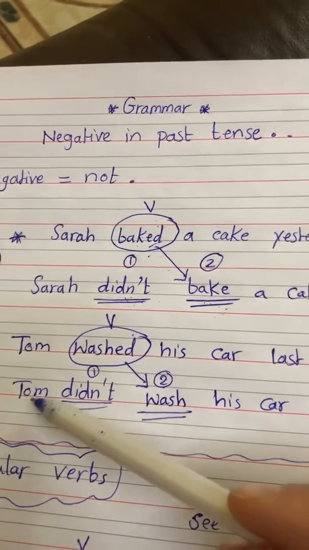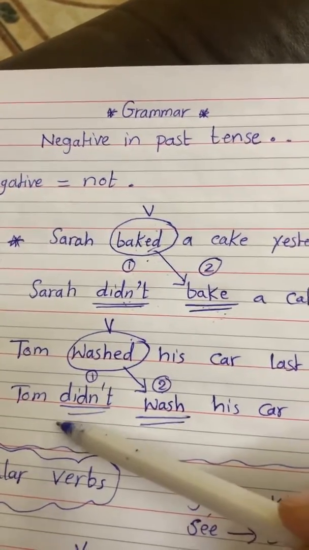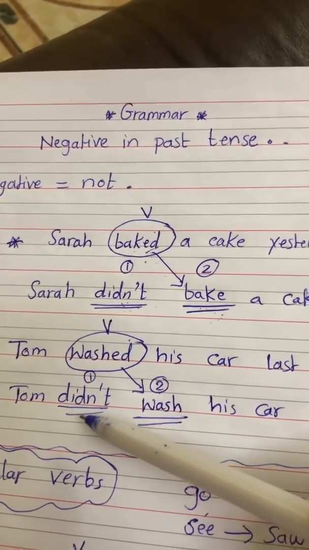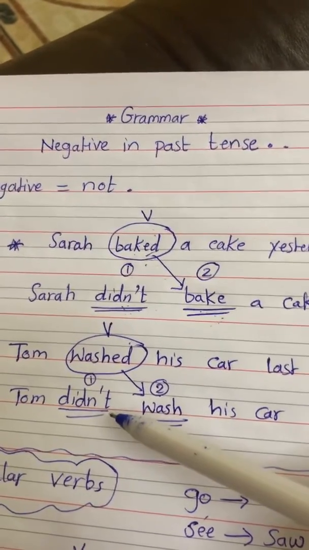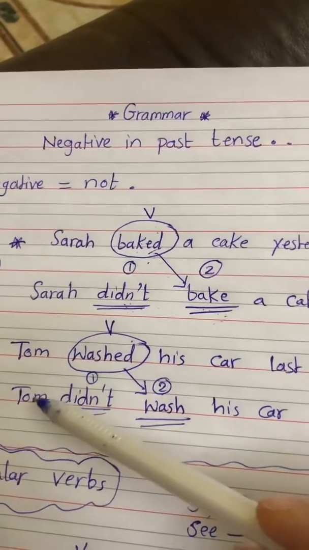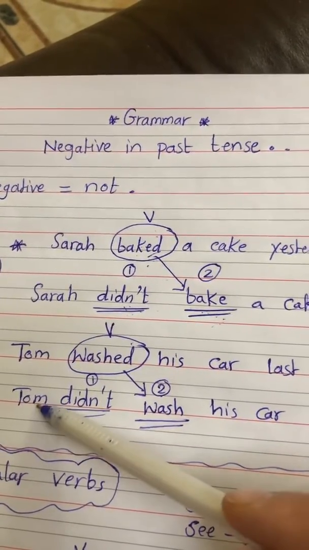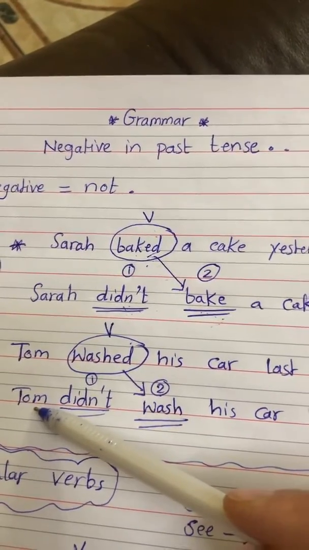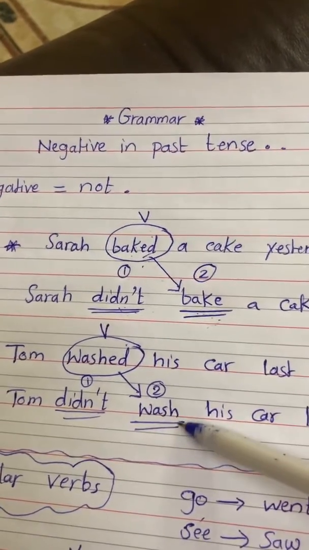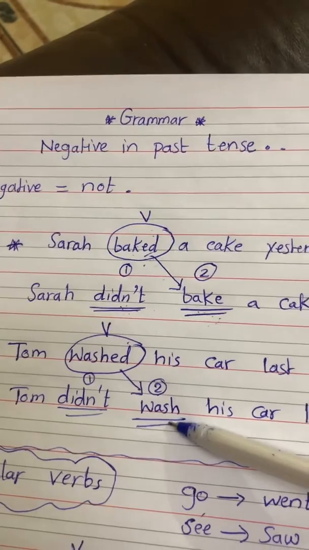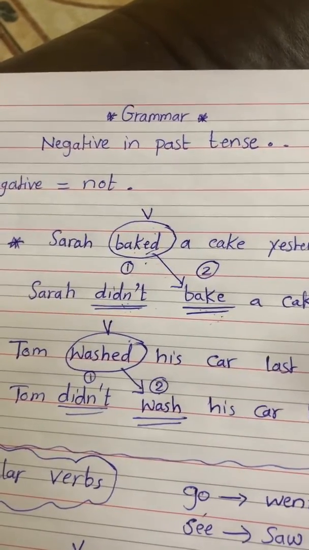So here she said I should follow two steps. Number one, after I wrote the subject, I will write didn't, then I will write the verb without ed.